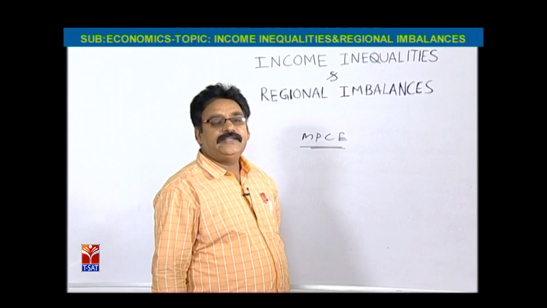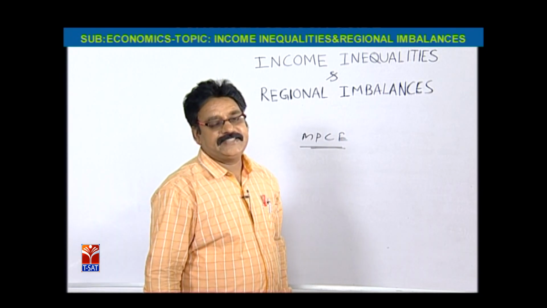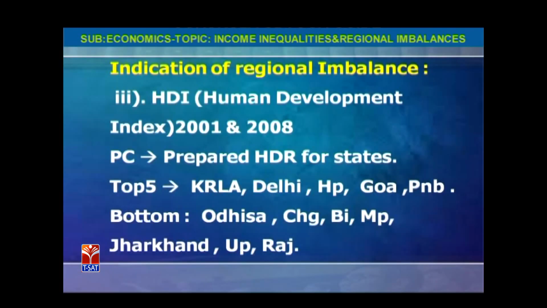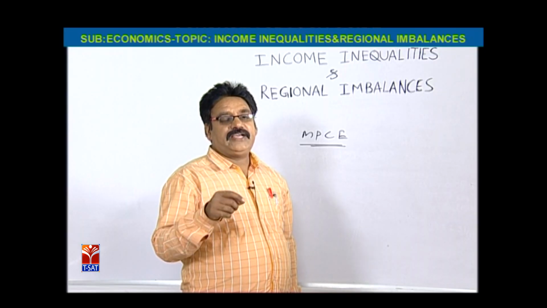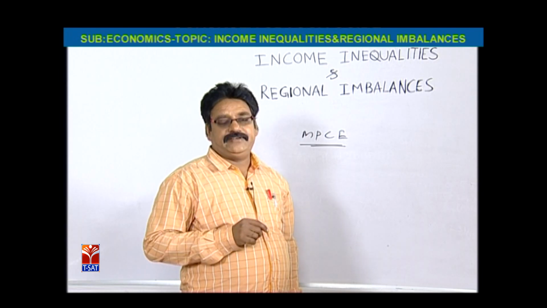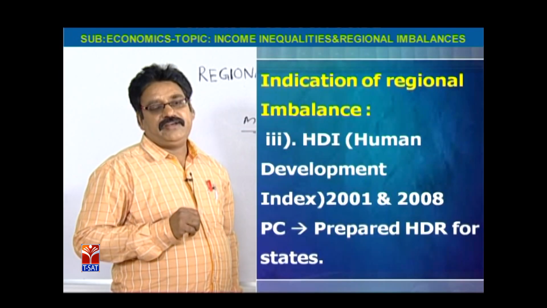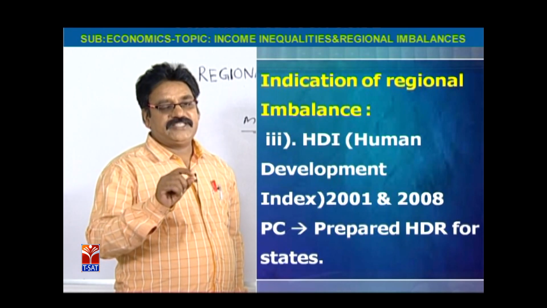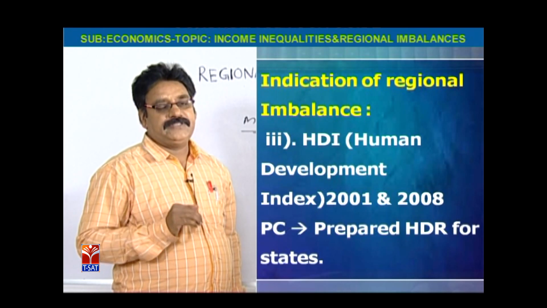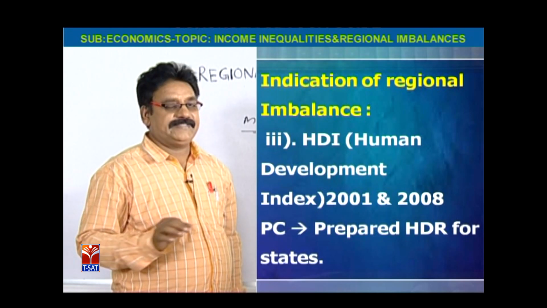Third indicator, Human Development Index. The HDI is first calculated and measured by UNDP. The same approach was followed by our Planning Commission, which prepared the Human Development Report for states during the period 2001 to 2008.